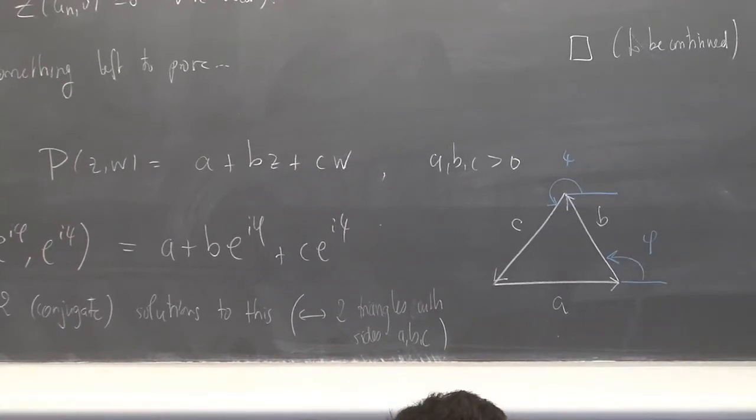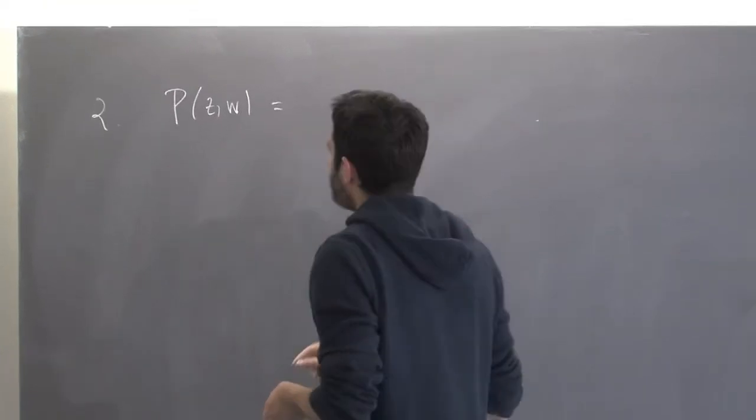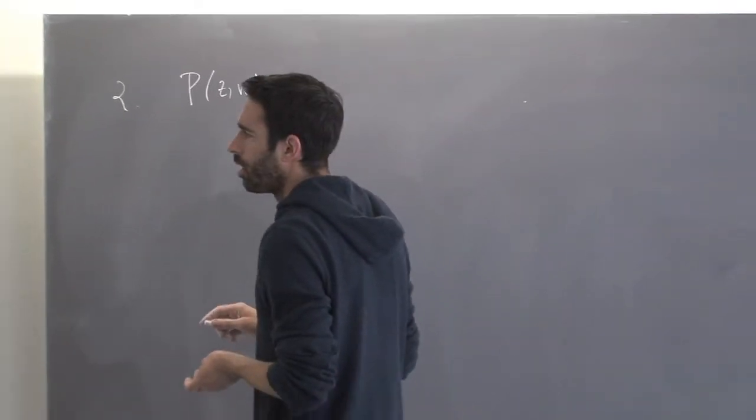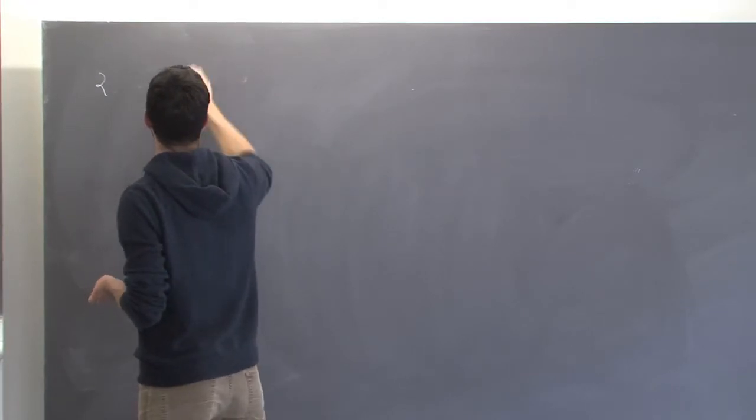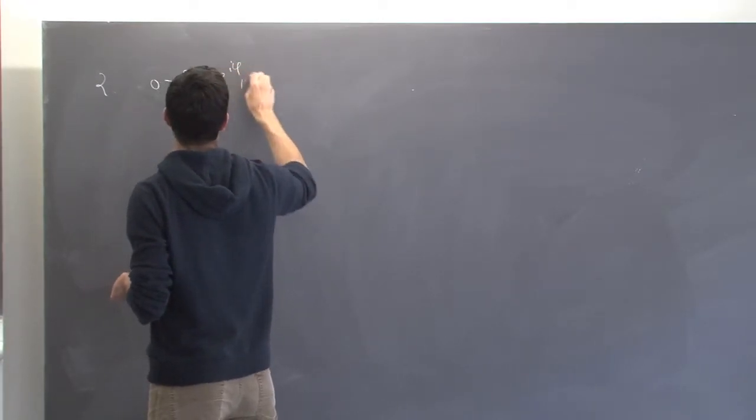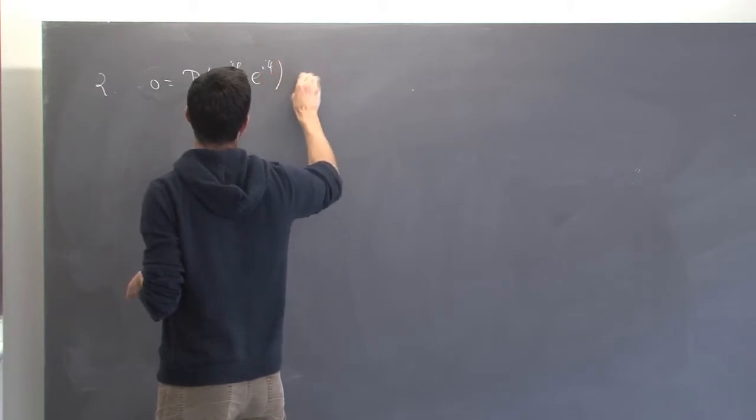So second example, the square lattice. Again, let me just write: 0 equals P(e^{iφ}, e^{iψ}).